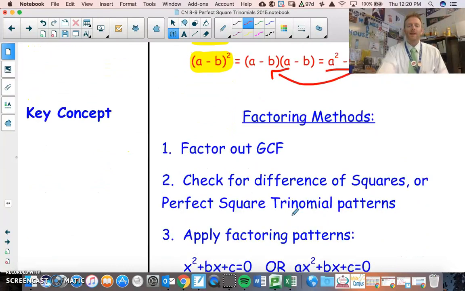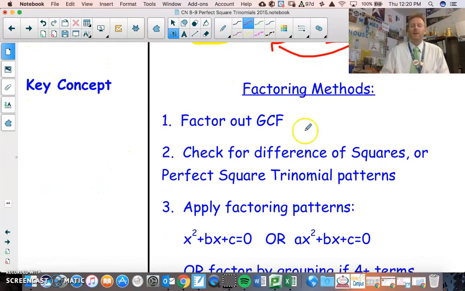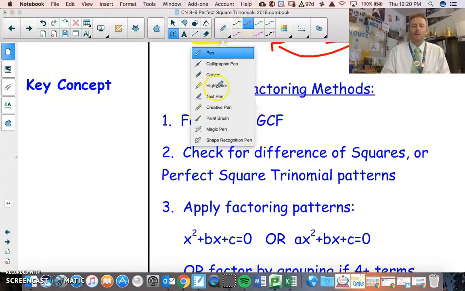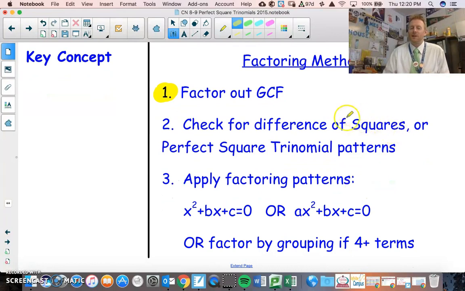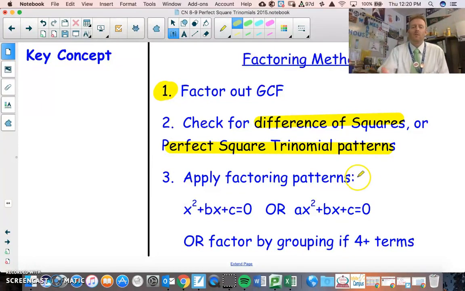So big ideas here. There's a couple different methods that we need to look at. Step 1 for all of our problems is to take out a GCF. Step 2 is to check for difference of squares patterns and perfect square trinomial patterns. And if they don't have those, then we're going to look at what we did in lessons 8.6 and 8.7.